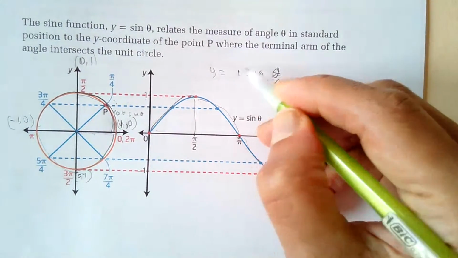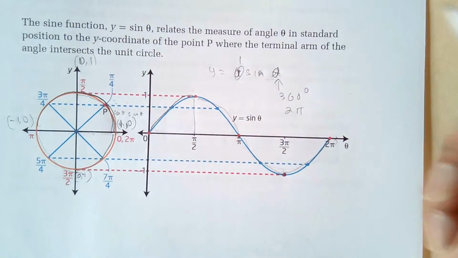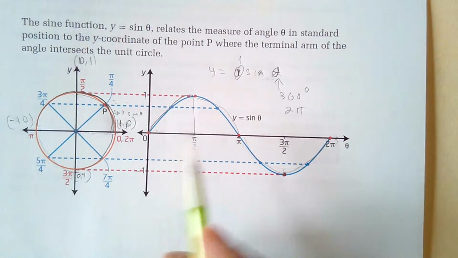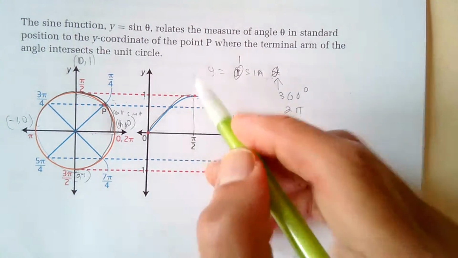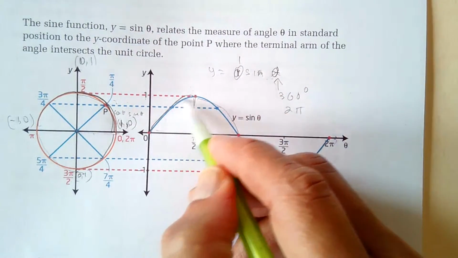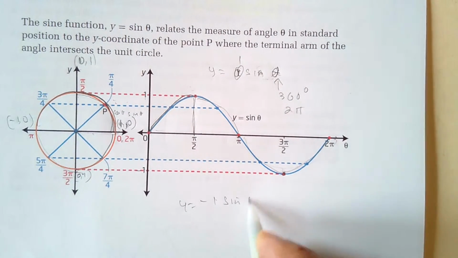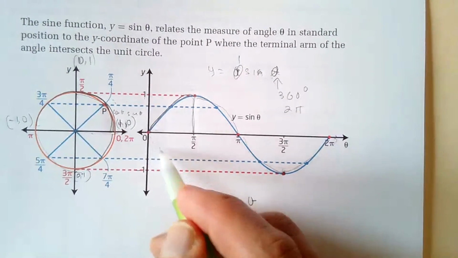If there's no coefficient, the a here is 1. So the amplitude is 1. So in this case, we have a graph going up. Now, if it's negative, y equals negative 1 sine theta, then the graph is a reflection.